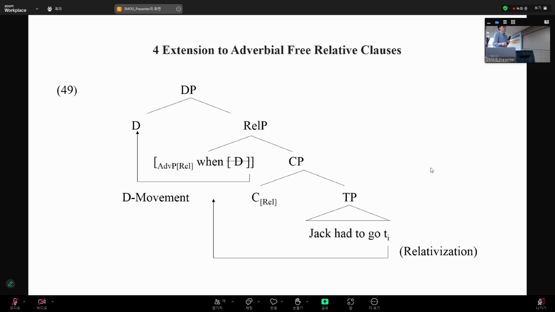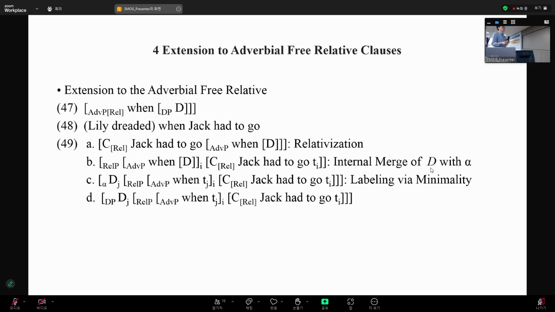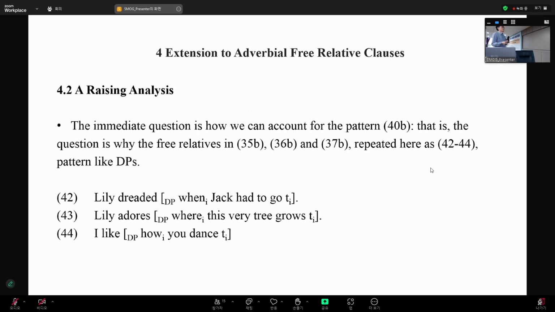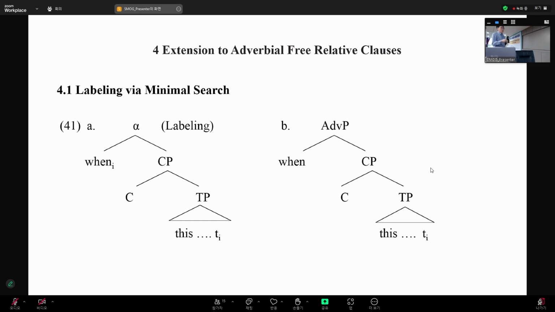The when complex undergoes relativization and D undergoes movement and projects a label, then a DP is generated. The point is that when can take a null NP as its complement. In this case, a DP is generated, and if when takes no complement at all, then when projects a label in the left side, so that the adverbial phrase is generated.